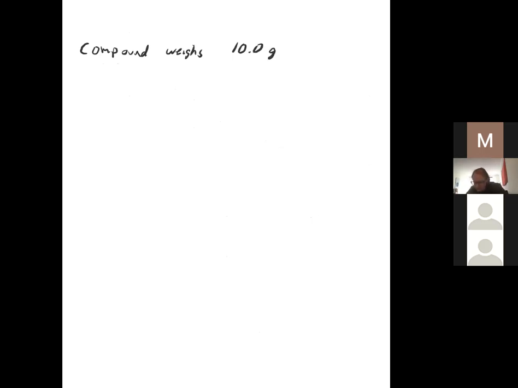Okay, so that's the whole compound. How much of the compound is element 1? So you can't do that calculation if it's a mixture. If it's not a pure substance, you can't do that. But if it is a compound, which we determined it is, then you can do that.